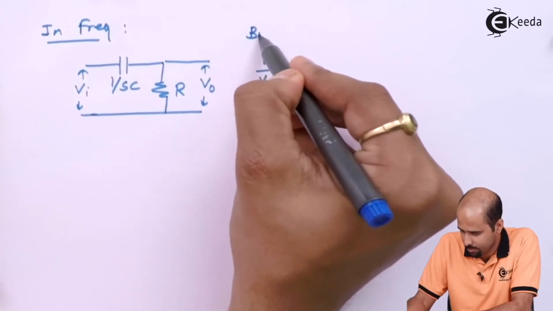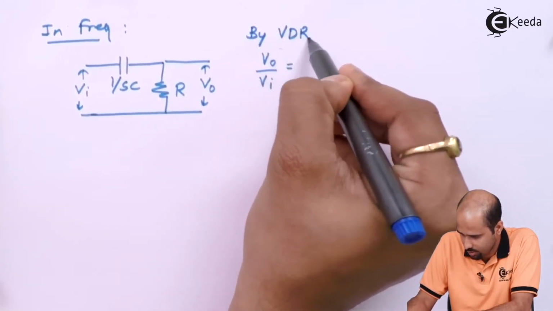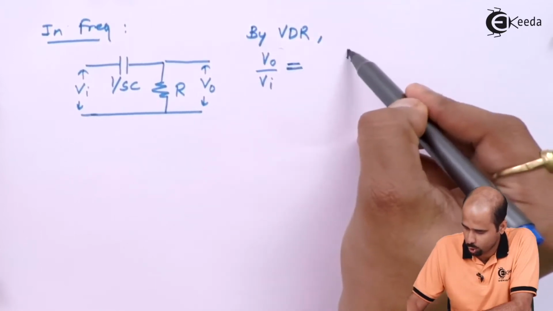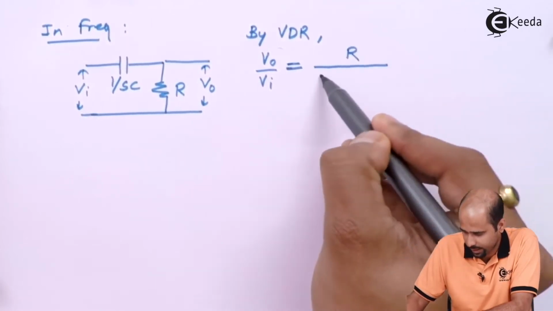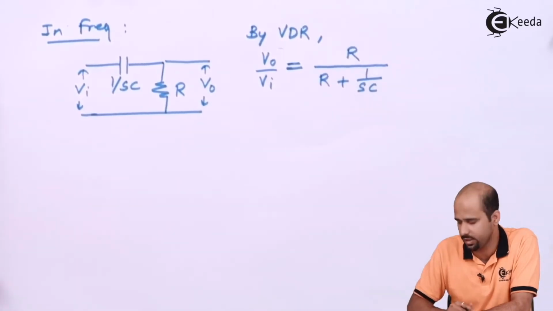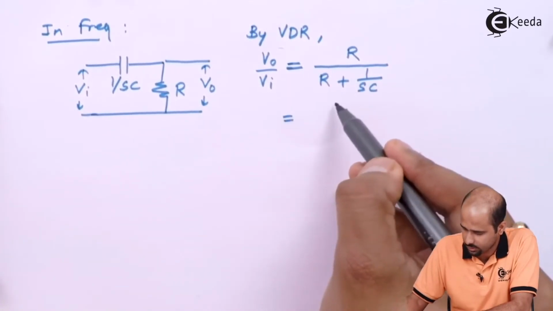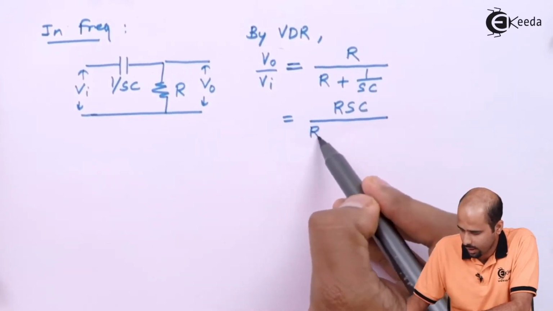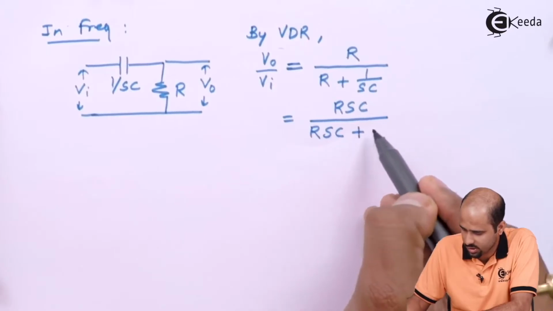So by VDR we can have the ratio R divided by R plus 1 upon SC, and this is nothing but RSC divided by RSC plus 1.